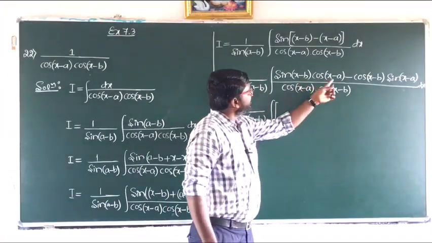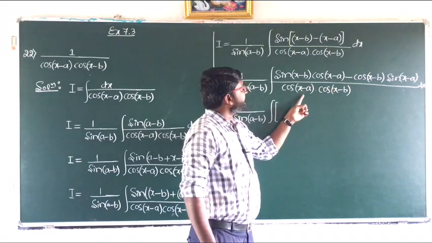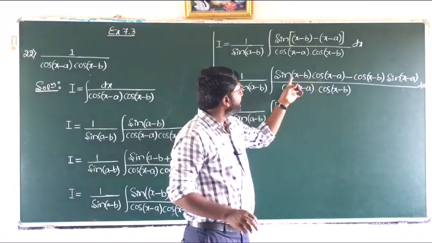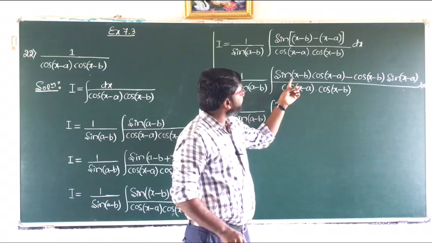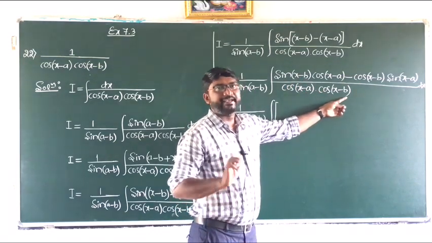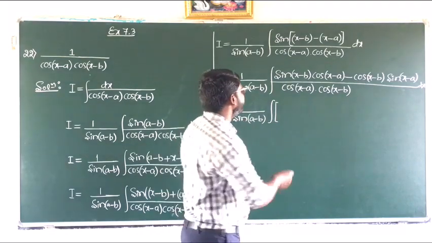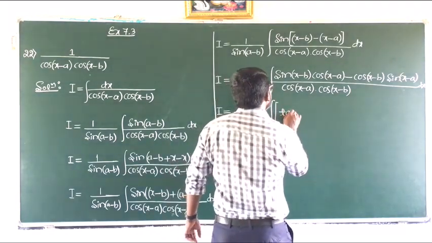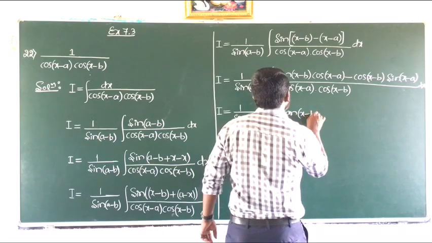Here cos of (x minus a) and cos of (x minus a) cancel if you divide. Which terms are left now? Sin of (x minus b) divided by cos of (x minus b). This can be written as tan of (x minus b).